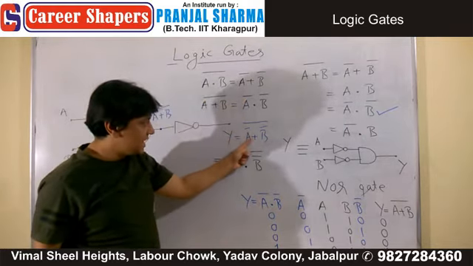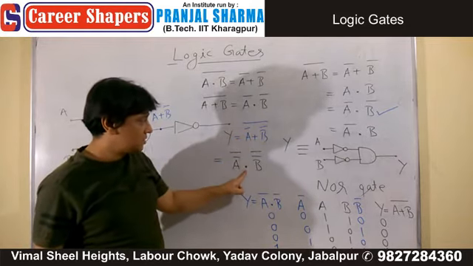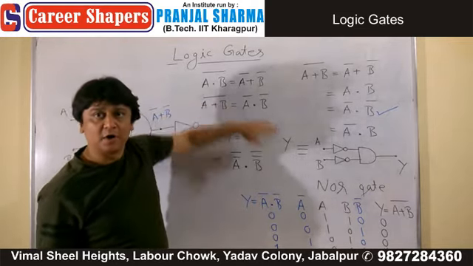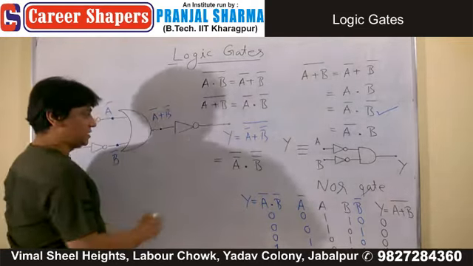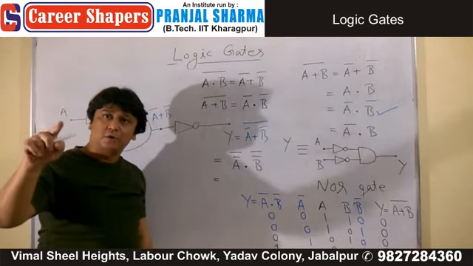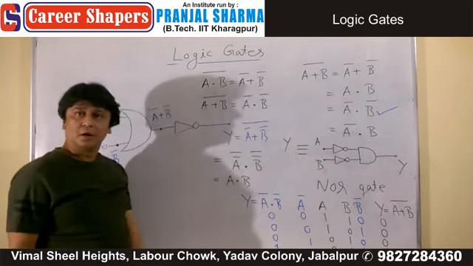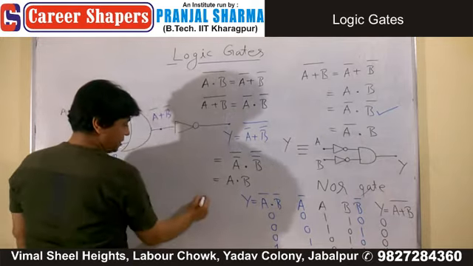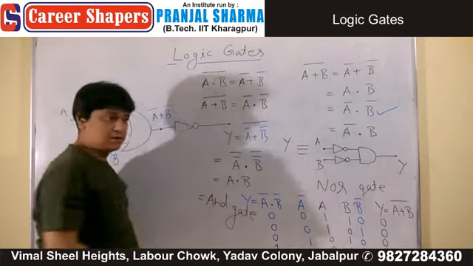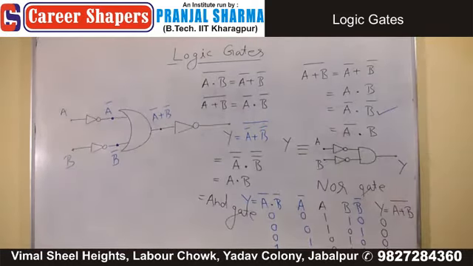What is this? A bar. Bar of this, dot, bar of the next one. We are using the second property. Now what is bar of bar? Bar of bar: 1, bar, 0, bar, 1. This is A dot B. And what is A dot B? You have got your AND gate. And everybody was shouting NAND, NAND, NAND.